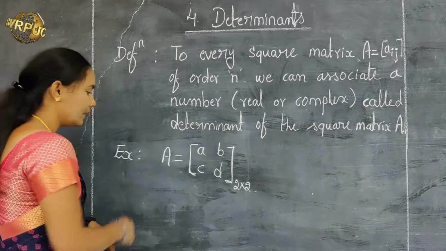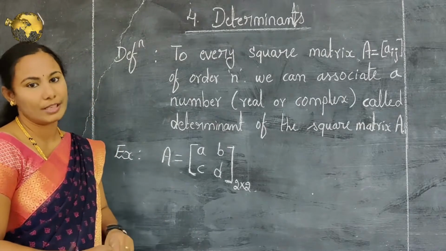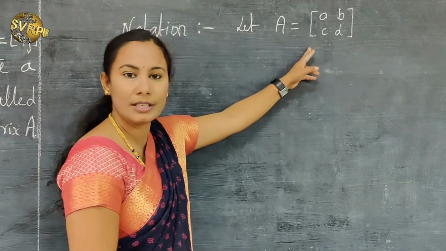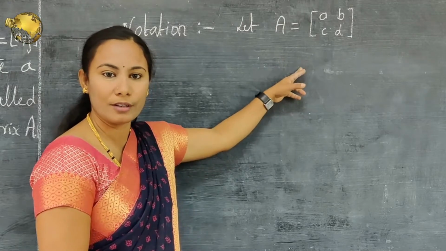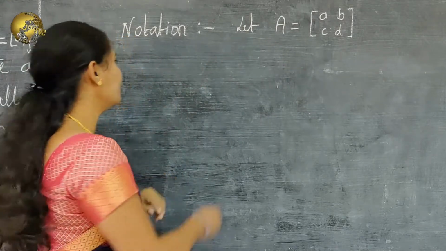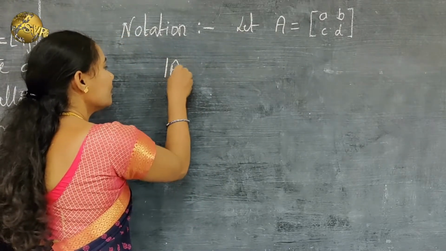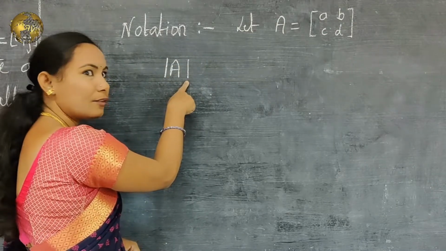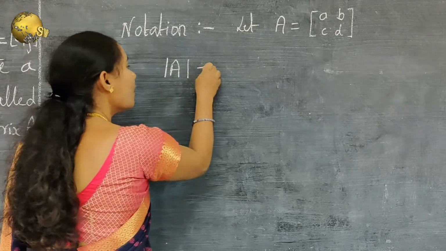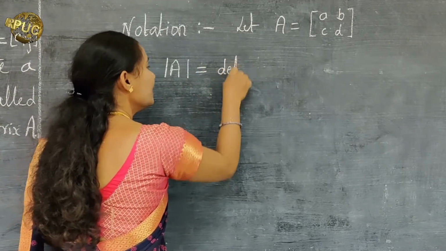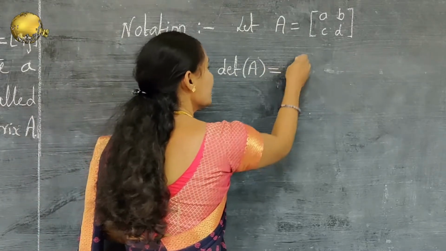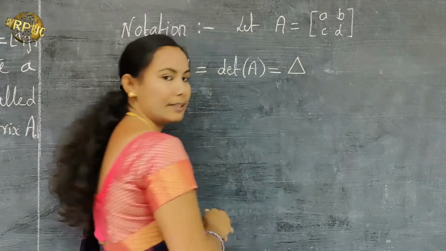Now let me go to the notation of determinants. Let A is equal to A, B, C, D, a square matrix of order 2. It can be denoted by determinant of A. We call this determinant of A, not modulus of A, or we can also call it delta of A, the Greek letter delta.